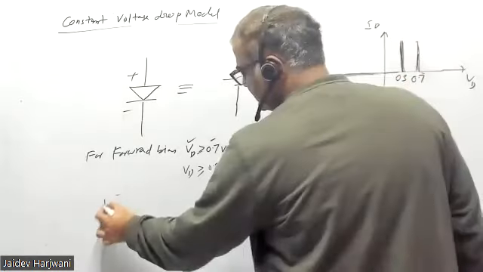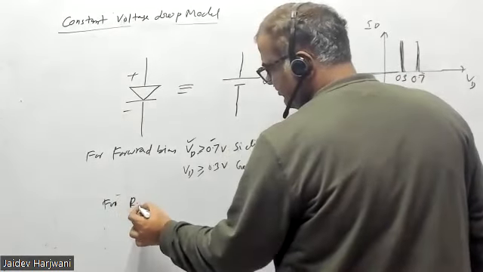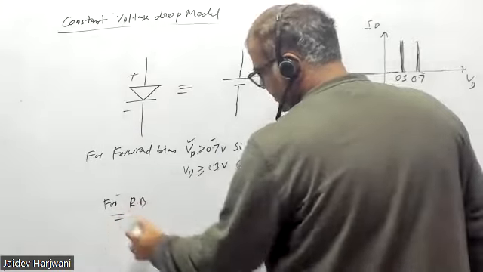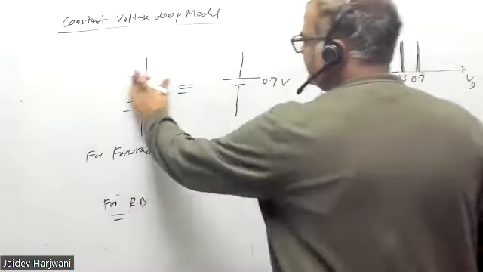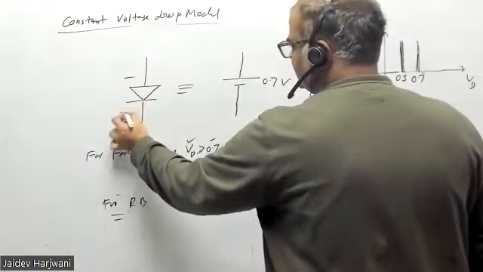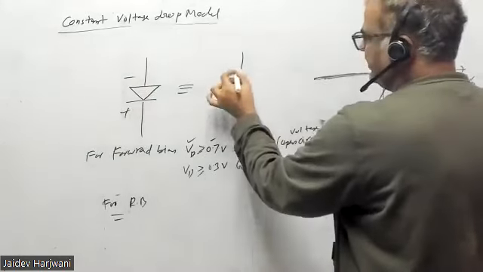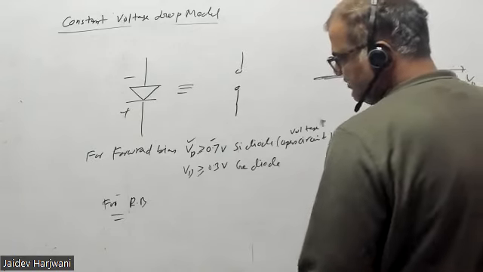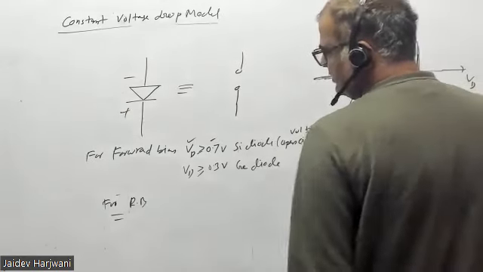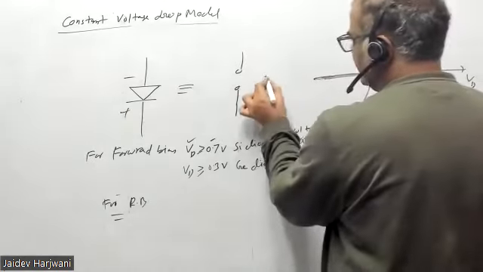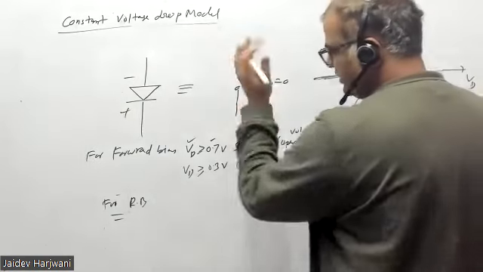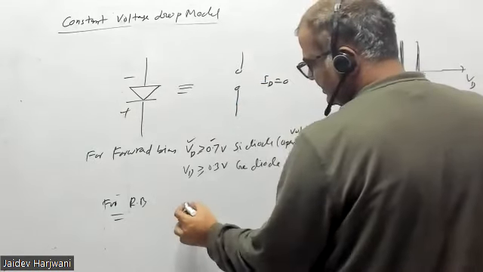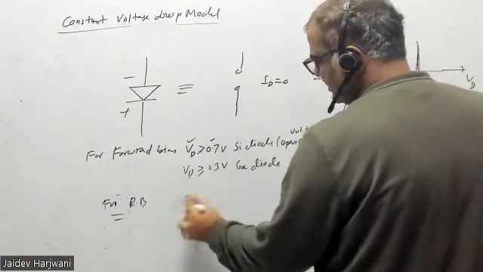For reverse bias, if the voltage here is negative and here is positive, you can simply replace the diode by an open circuit, so ID will be 0.